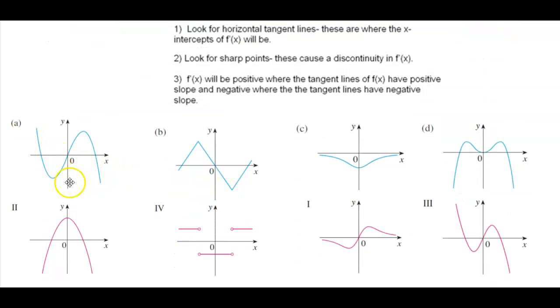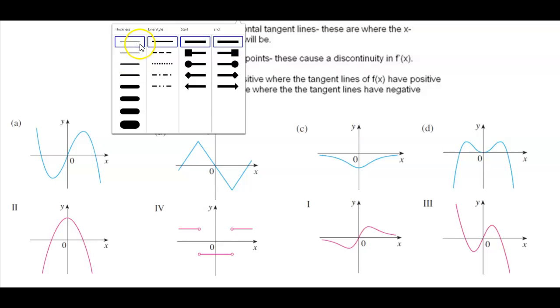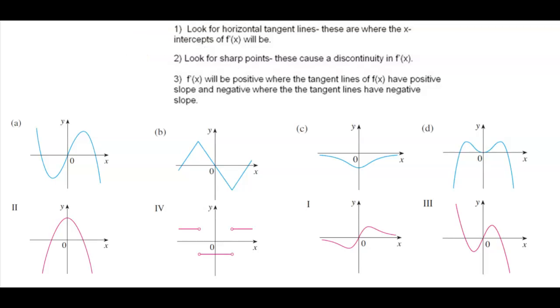So here is our function a. Okay, so let's determine where our slopes are 0. If you take a look at the function in a, it's decreasing from left to right. And then here is going to represent an x-intercept, and then this value is going to represent an x-intercept.